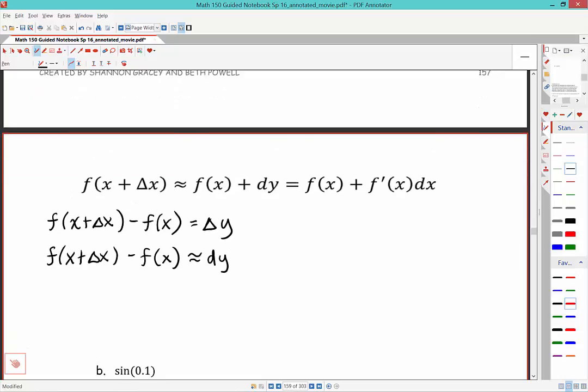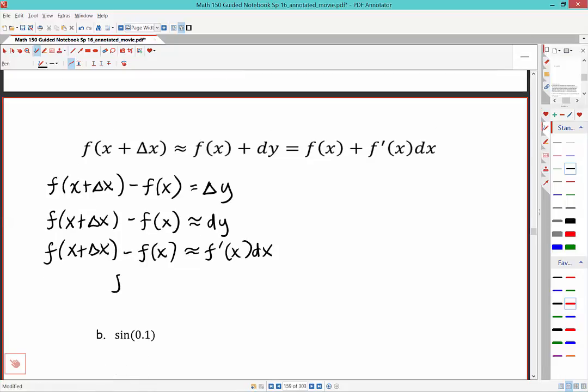And what is dy? Good. dy is f prime at x dx. And so isolating f at x plus delta x, this can be approximated by f at x plus f prime at x times dx.